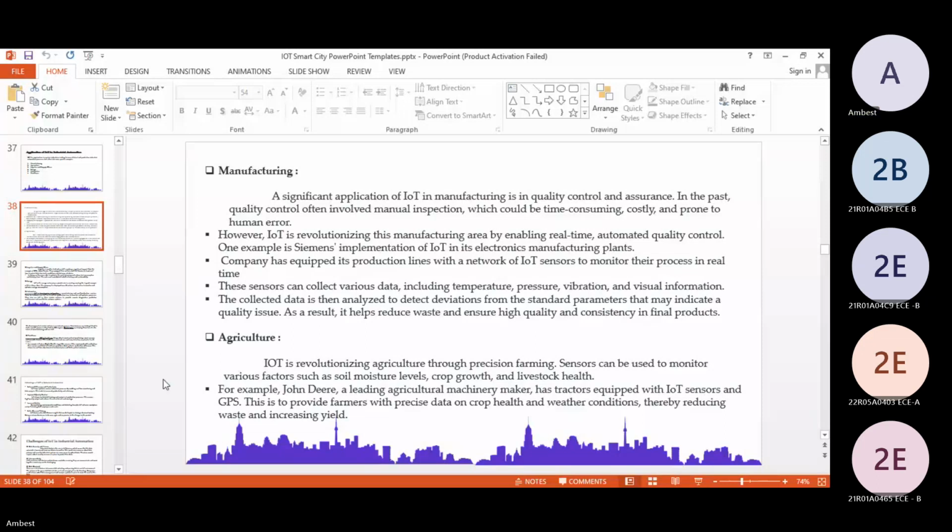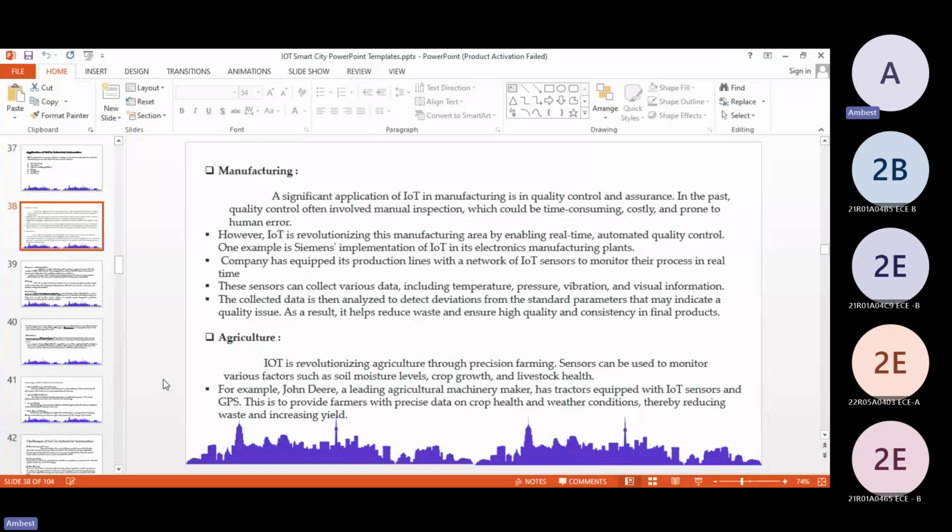So the agriculture IoT automation will be concentrated on crop growth, livestock health, and soil moisture level. Even the most important is soil moisture level, with which they indicate how well the pH levels are balanced. And the three main factors of agriculture automation with IoT to be checked are soil moisture levels, crop growth, and livestock health.